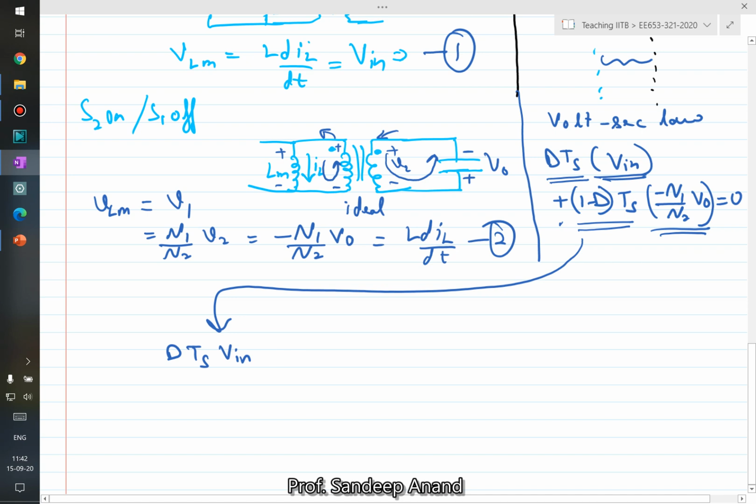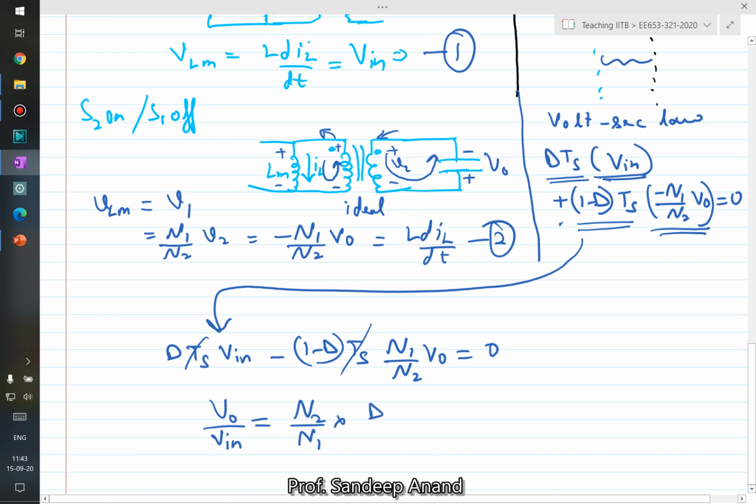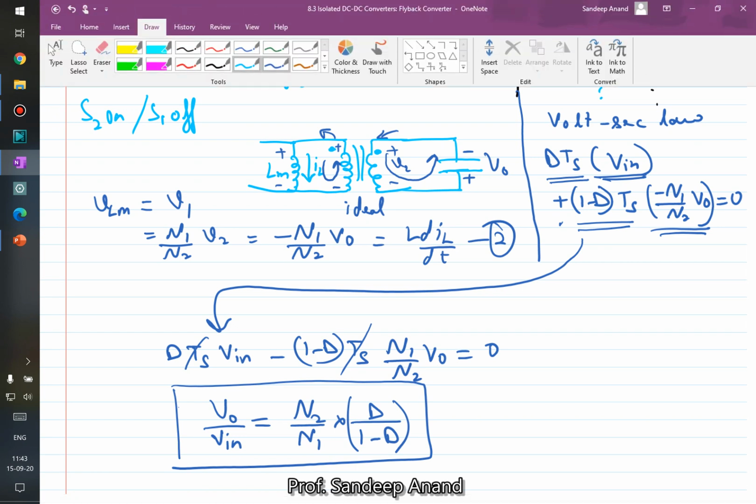Ts can cancel out, and I can write VO upon Vin is equal to N2 by N1 into duty cycle D upon 1 minus D. This is the relationship between the output voltage and the input voltage, the average values of output voltage and input voltage.